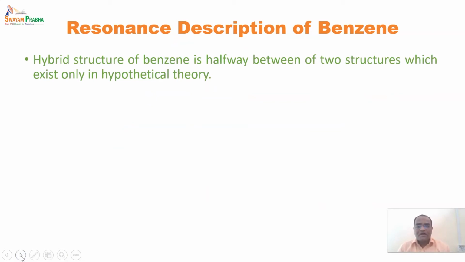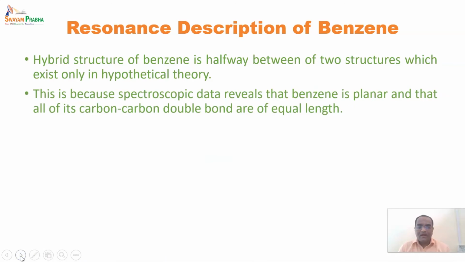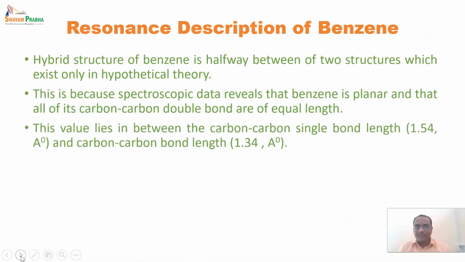The hybrid structure of benzene is halfway between two structures which exist only in hypothetical theory, and this is because the spectroscopic data reveals that benzene is planar, and that all of its carbon-carbon bonds are of equal length. This value lies between the carbon-carbon single bond length, which is 1.54 angstrom, and the carbon-carbon double bond length, which is 1.34 angstrom.